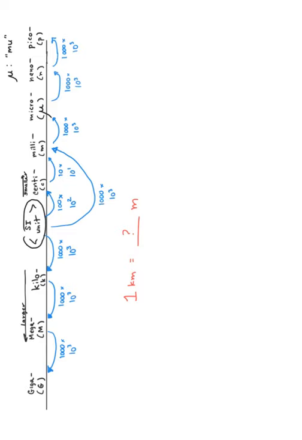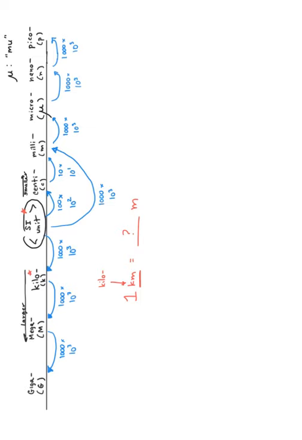The way that we do that is just by counting skips along this timeline. To count skips, I'm going to look at the quantity that I have measured, that is kilometer in this case, and more specifically, just think about the prefix in front of it. The prefix in front of my measured quantity is kilo, and that's right here. The thing that I would like to convert this measured quantity into is our baseline SI unit, with no prefix in front of it whatsoever. That's right here.